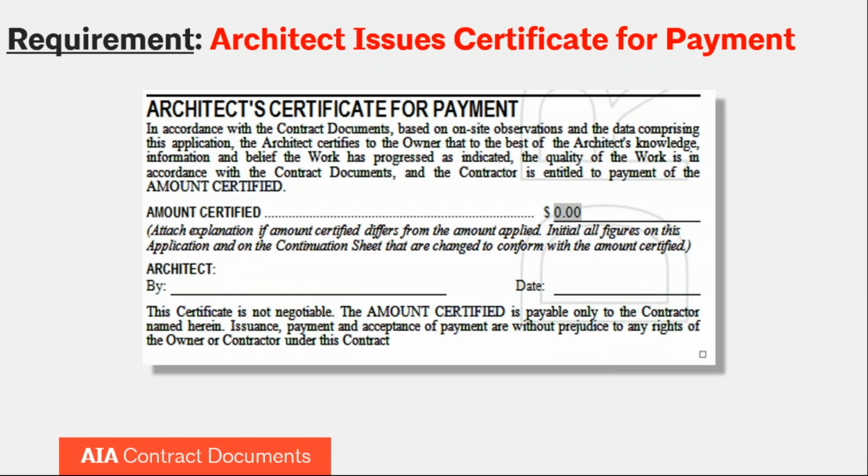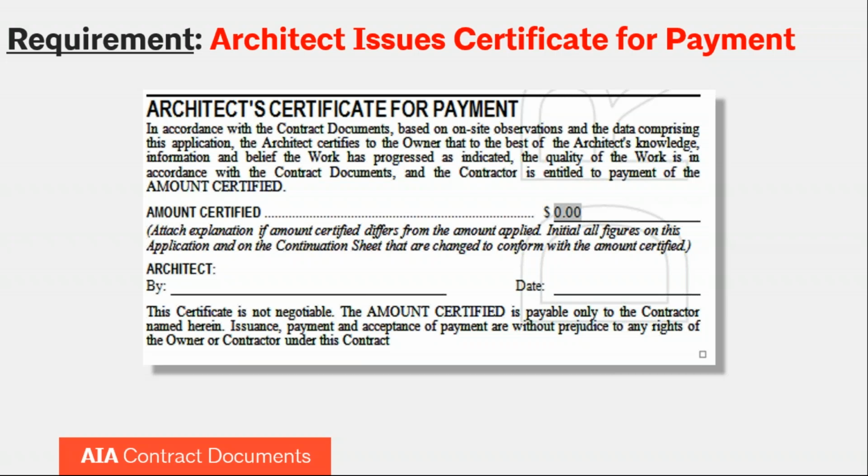Similarly, when you get to the architect's certificate of payment, again, this is just a zoomed in screenshot of the G702. You have language that's consistent here with what the architect is required to certify, that to the best of the architect's knowledge, information, and belief, the work is progressed as indicated, etc. It also allows for the architect to indicate the amount that is certified.